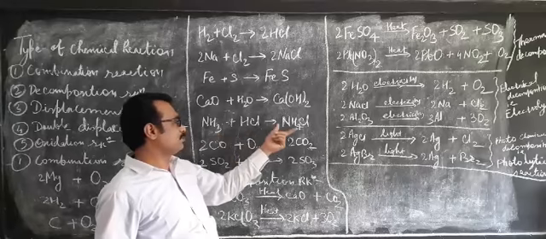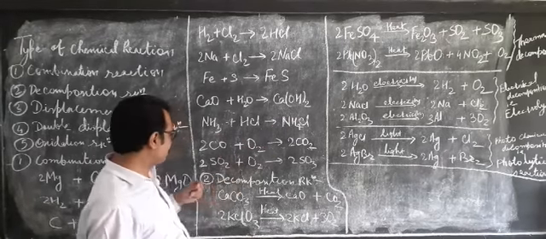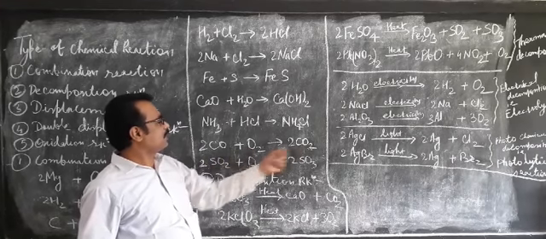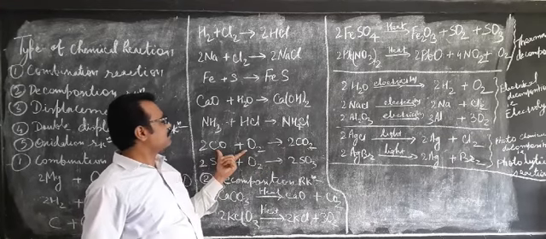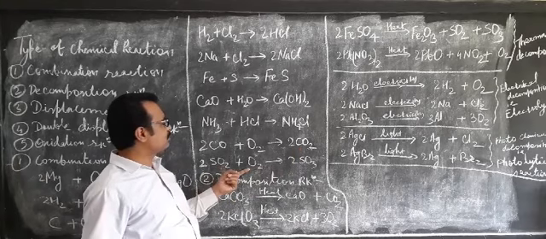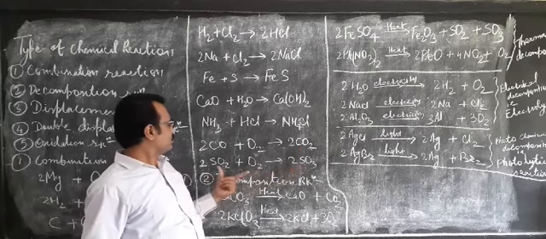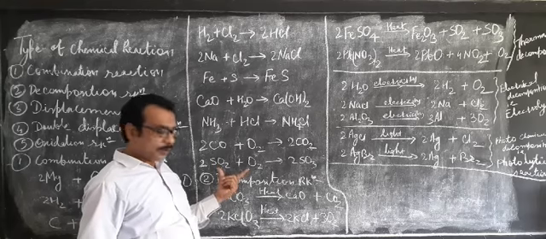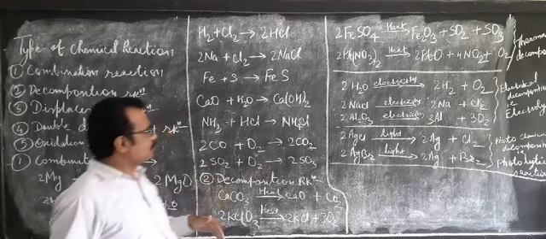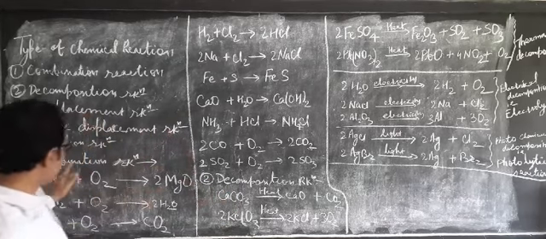So two reactants combine to give you only one product. Carbon monoxide reacts with oxygen and gives you carbon dioxide. More than one reactant gives you only one product. Here sulfur dioxide reacts with oxygen and gives us sulfur trioxide. So more than one reactant, but giving you only one product. So these are the examples of combination reaction.